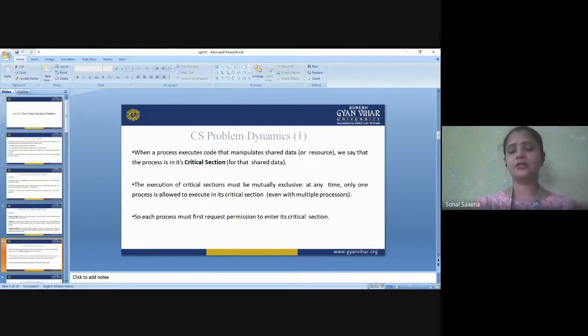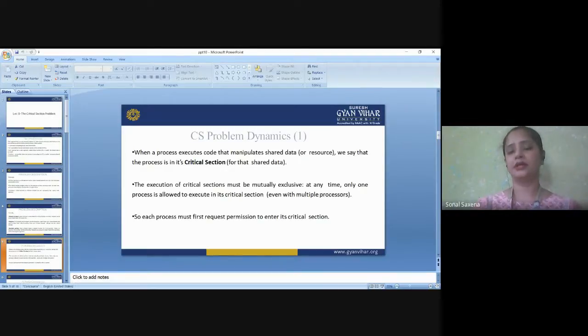Each process must first request permission to enter its critical section. This is one important point: a process cannot directly enter the critical section. It should first make a request, seeking permission from the CPU to enter.